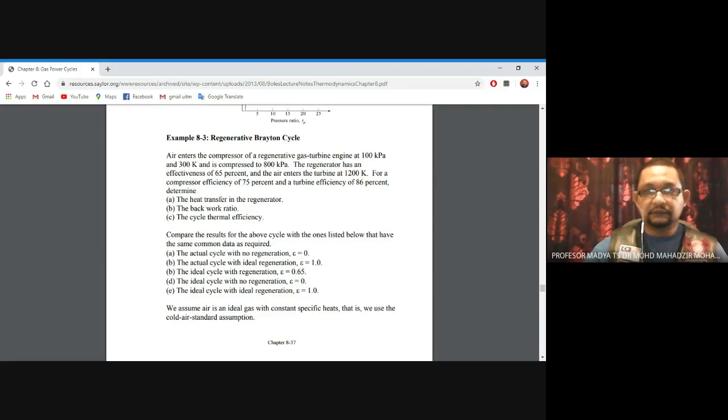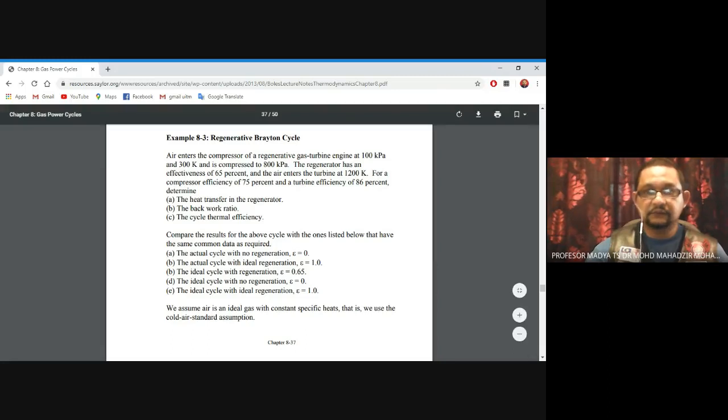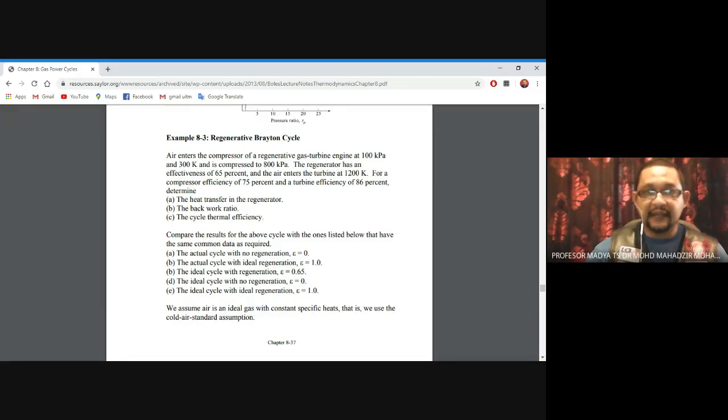So to solve this problem, firstly you have to know that this case comes from the Brayton cycle, because this is a regenerative gas turbine engine. So it uses air as a working fluid.